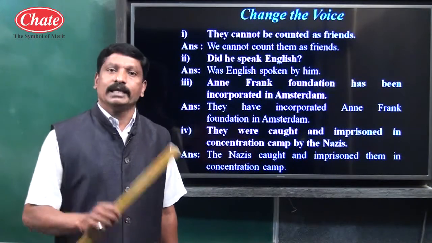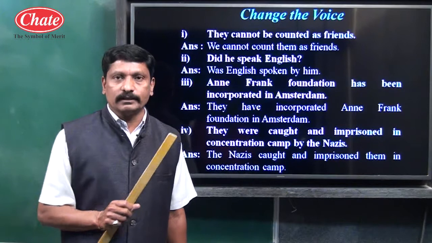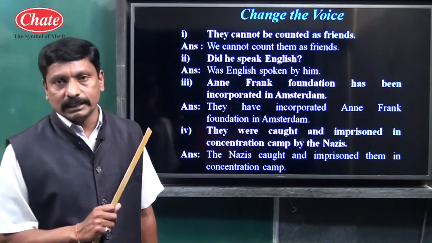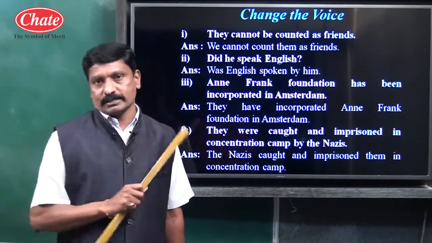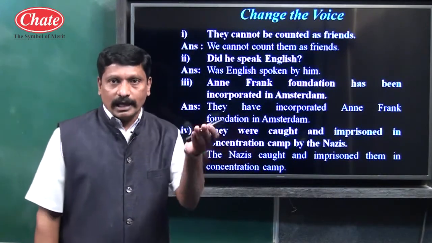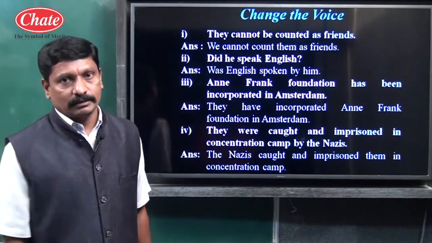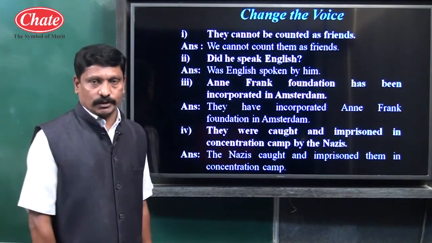What are the forms of to be, children? Am, is, are in present tense; was, were in past tense. To be plus third form of verb, or have, has, been plus V3, that is the passive voice structure.